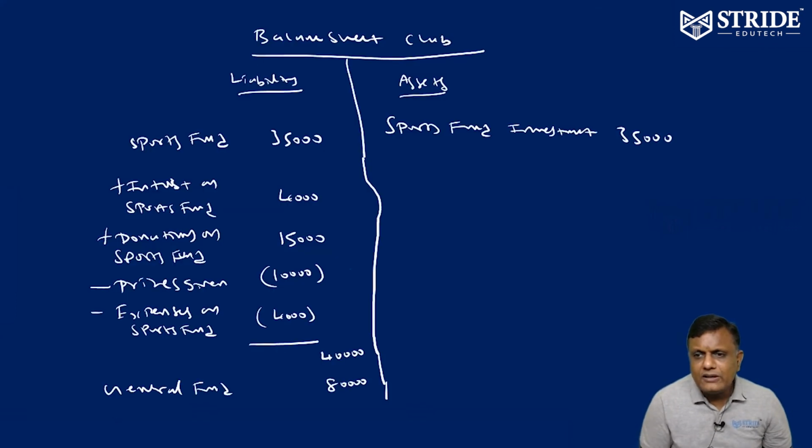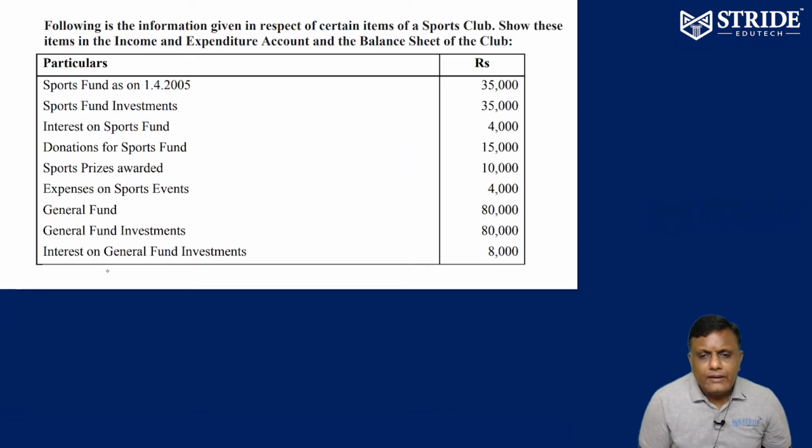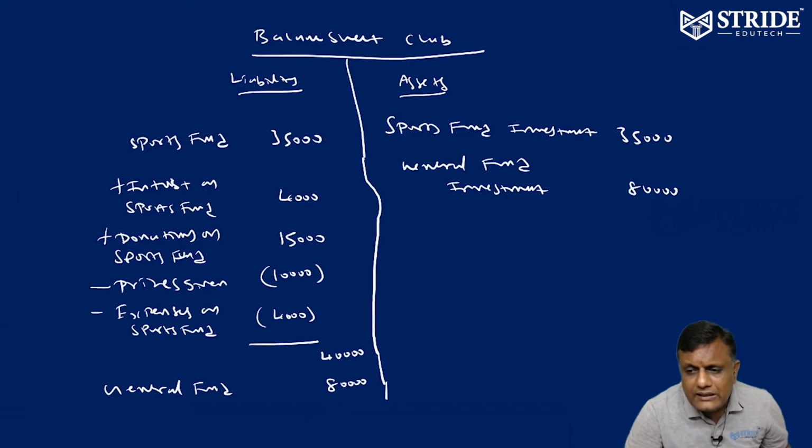General fund investment, how much? 80,000 invested outside. That's it. Interest on general fund is a purely income item. General fund means you can use it for any purpose. Therefore, the interest we have received, 8,000, is purely income.